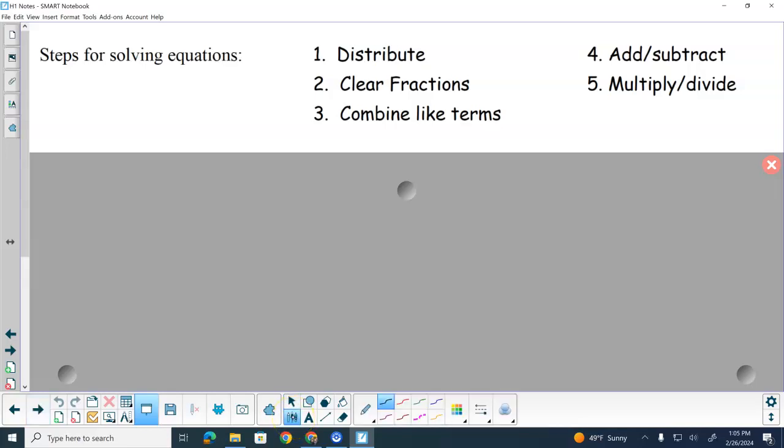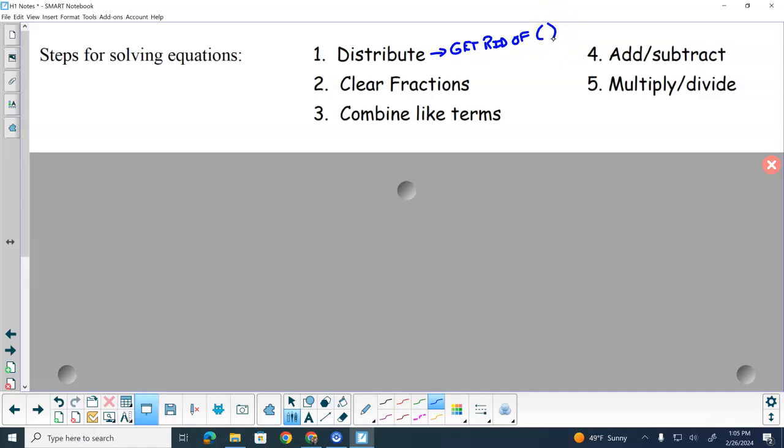What are we getting rid of when we distribute? Parentheses. Yep, we get rid of parentheses by distributing.